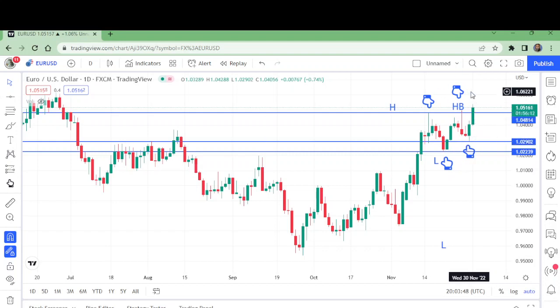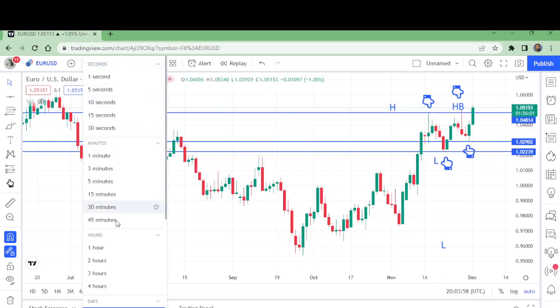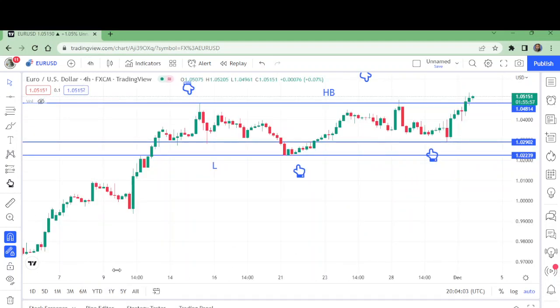going upward. But now it won't come all the way back to retest this level, but it is high probability that it will come back to the 4-hour level and retest it. Now this is the 4-hour chart, and I am putting the 4-hour level.